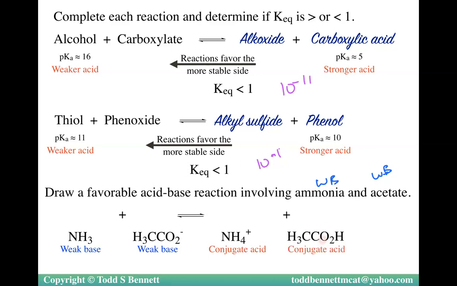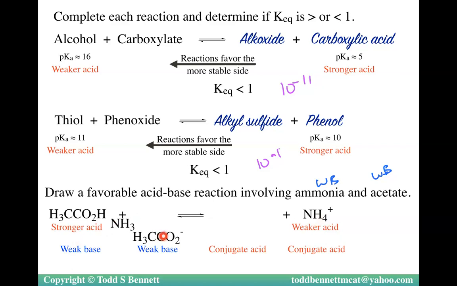Acetic acid is a stronger acid, so I want it on the reactant side. This is my weaker acid, so I want it on the product side, which means this has to go to the reactant side. And this one has to go to the product side. Perfect.